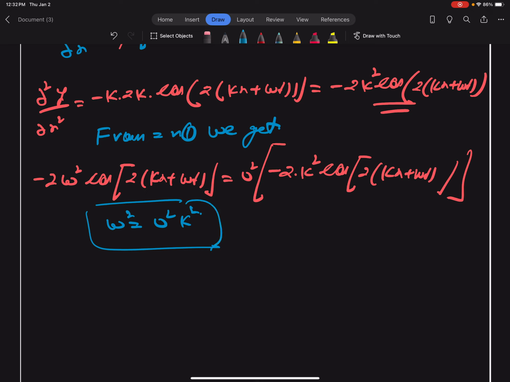And once again this equation is satisfied for omega is equal to v k.